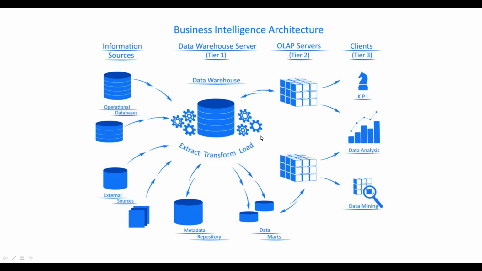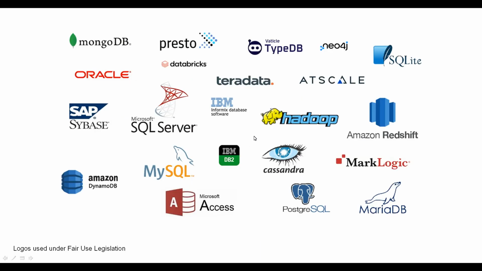So if we look at some databases and those that are supported by FactEngine, this is just a very small view over the range of databases available, and for data warehousing and creating data lakes, all depending on the size of your organisation. Some attribution first. We're using these logos under the fair use legislation.